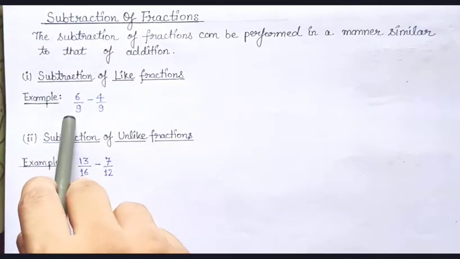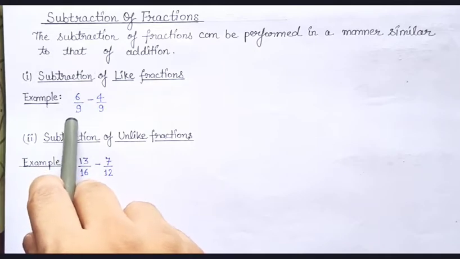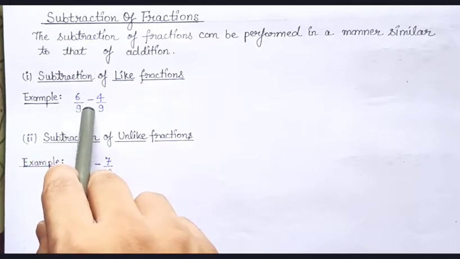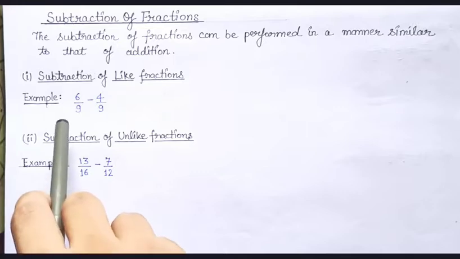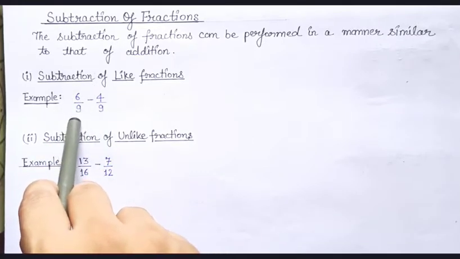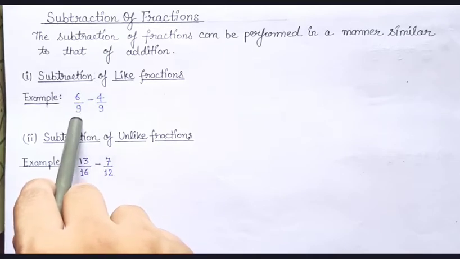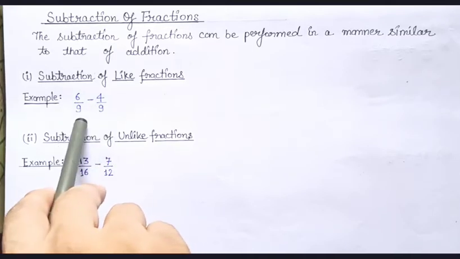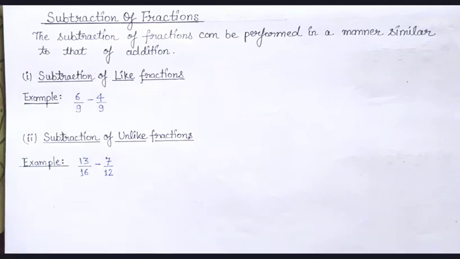So here you can see the example. We have given 6 by 9 minus 4 by 9. You can see from this example that the denominators of these two fractions are the same, that is 9. So these given fractions are like fractions. So how do we proceed?